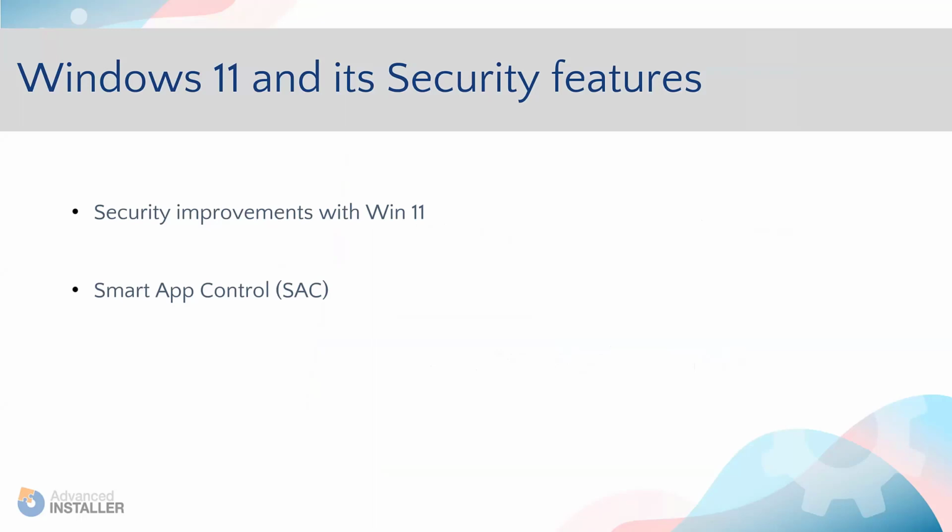If the service believes the app to be safe, then Smart App Control will let it run. If the app is believed to be malicious or potentially unwanted, then Smart App Control will block it. If the security service is unable to make a confident prediction about the app, then Smart App Control checks to see if the app has a valid signature.